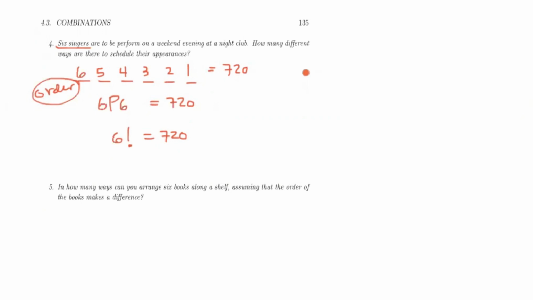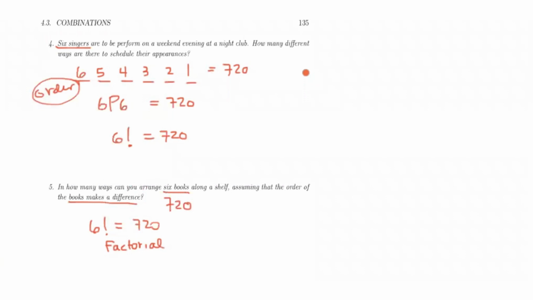Tyler? 720. Okay, again, 720. How do you get 720? I did 6 with the exclamation point. I forgot the name for that. Factorial. Factorial, thank you. 6 factorial. Another way you could do it would be 6 times 5 times 4 times 3 times 2 times 1.